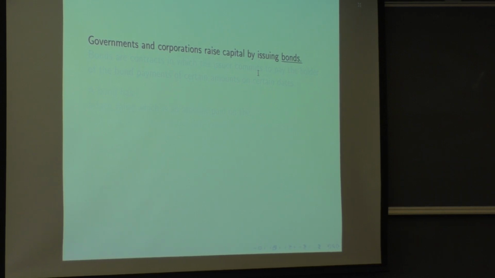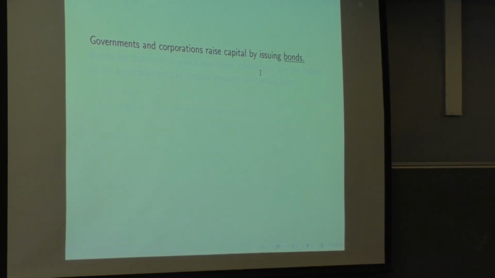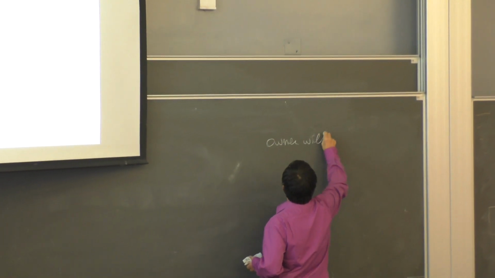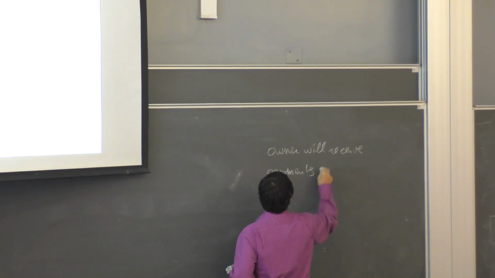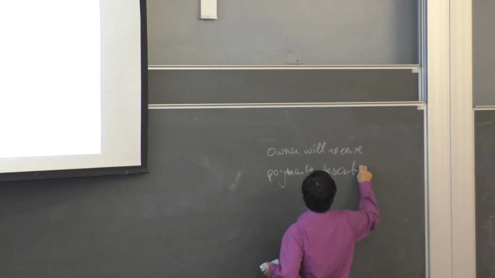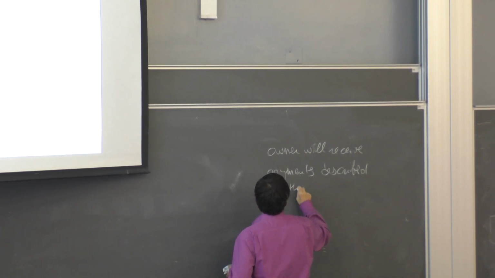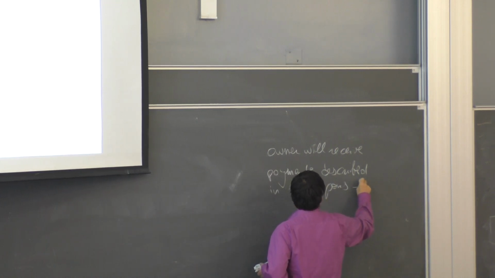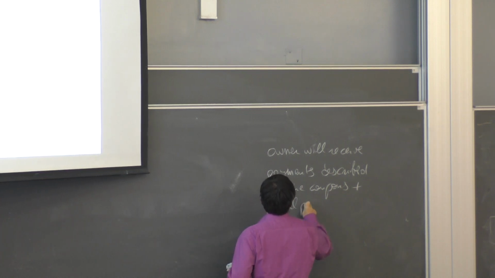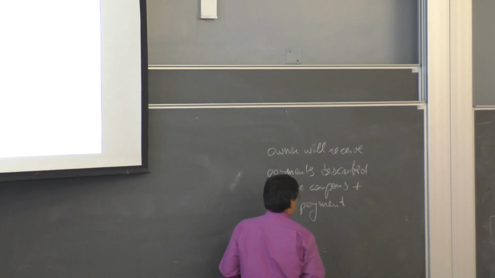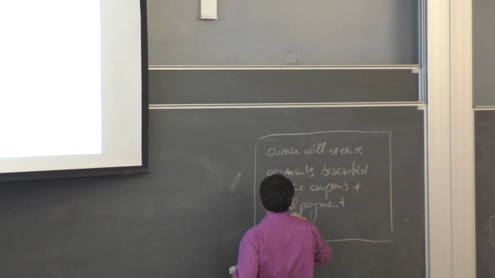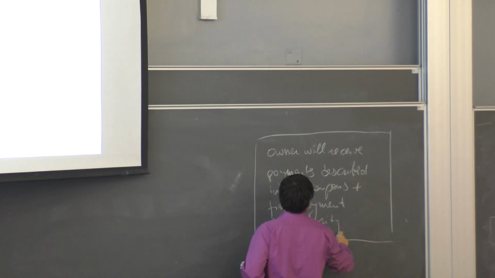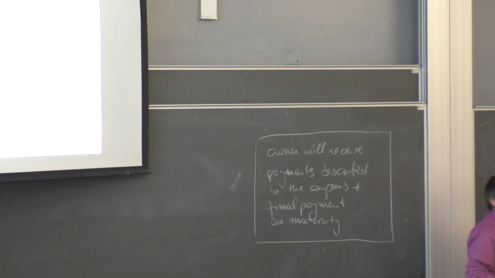It's a contract that says the owner will receive payments described in the coupons, plus a final payment on maturity date. Okay, this is a nice thing to have.